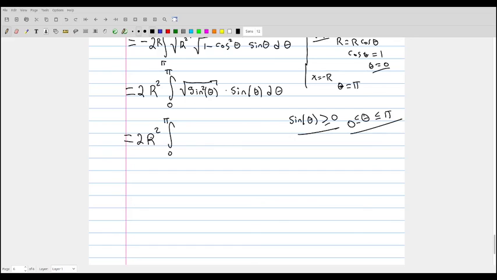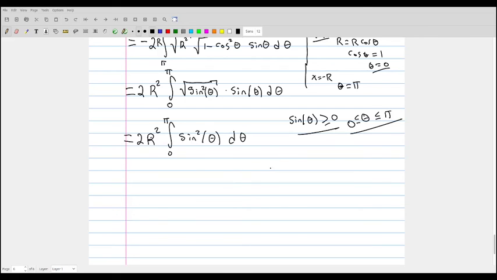So square root of sine squared when sine of theta is positive is just going to be sine of theta. So it's sine of theta times sine of theta, or sine squared theta. And this becomes a nice trigonometric integral that we can go through and calculate.